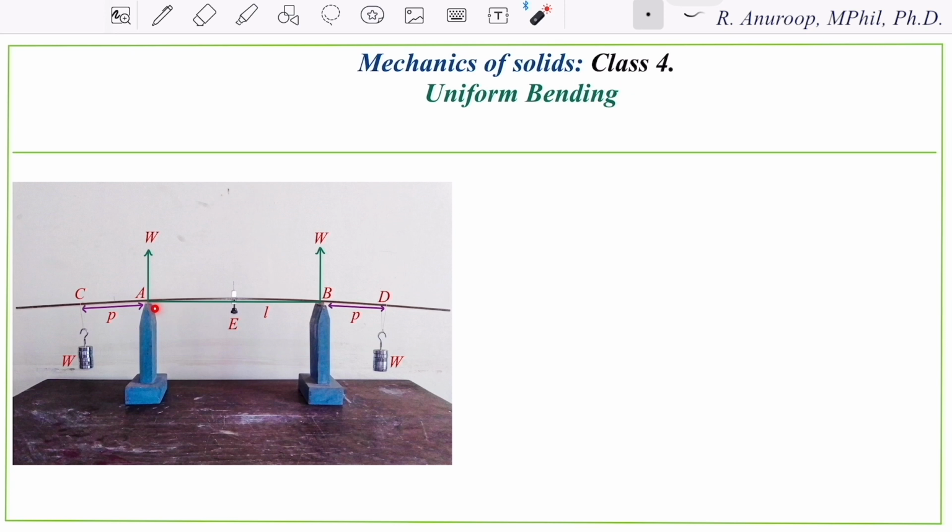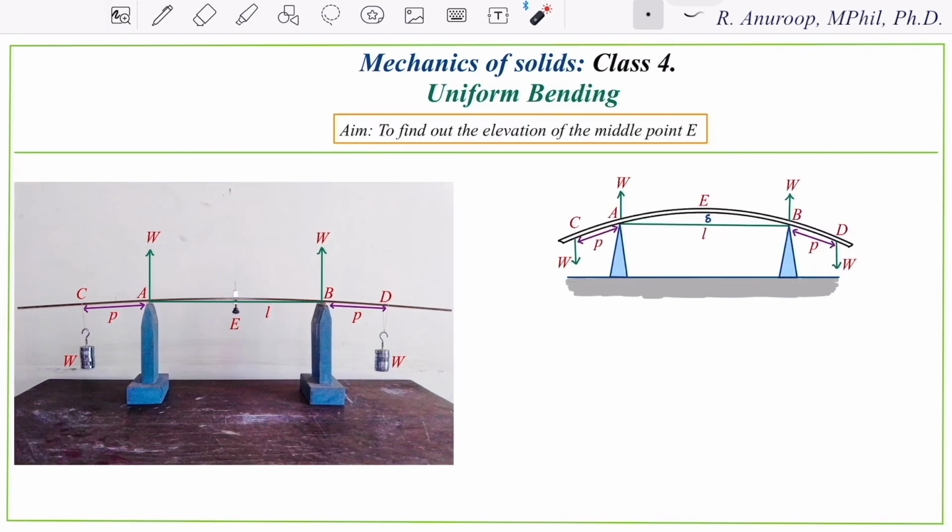We have to find out the elevation at the middle point of the beam. Due to this bending, there is an elevation at the midpoint. How much the midpoint deflects, that we have to find out. This is the schematic representation of uniform bending.